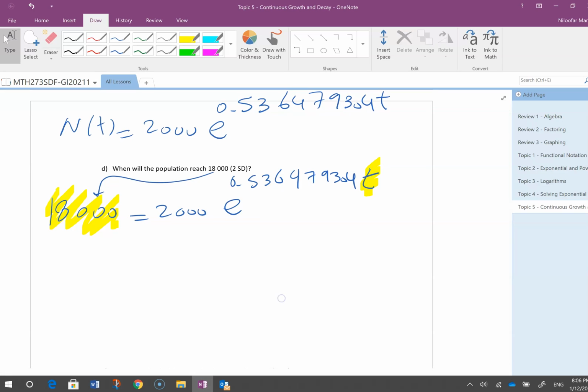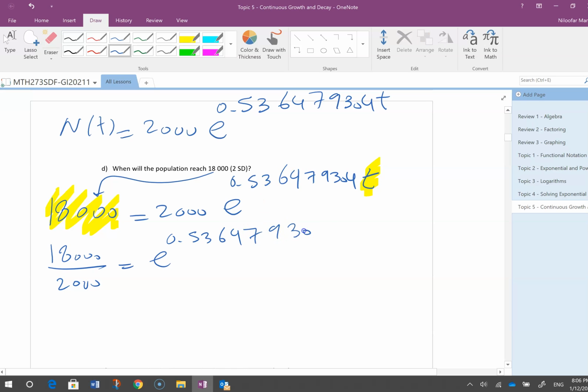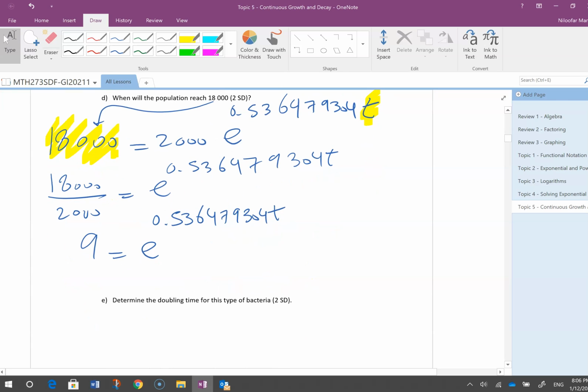From now you are doing topic 4. I want to solve for t, but t is in the power. I want to release it, so I take ln of both sides. But before that, I do 18,000 divided by 2000 equals e power 0.536479304 t, which is 9 equals e power this.